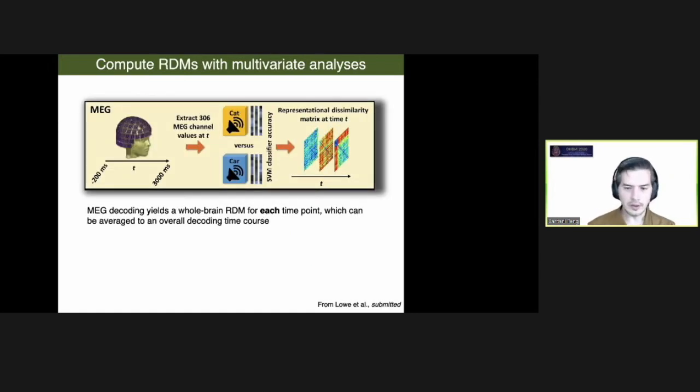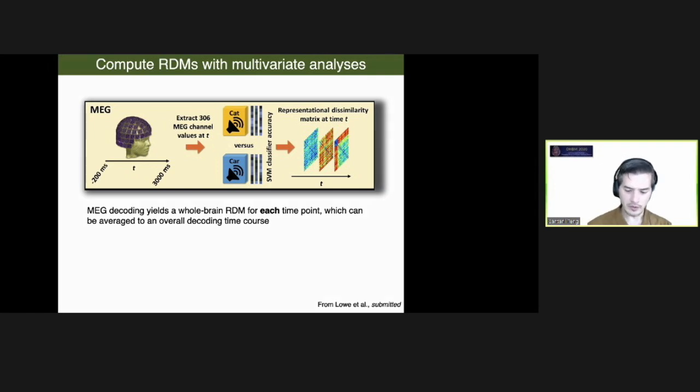So the analysis, generating these RDMs that we're so interested in: first you do the analyses independently for the separate modalities, right? And in our case, that would be separate sessions. So you do an MEG decoding analysis. In this case, you decode the multivariate patterns of the whole brain signal at every time point between every pair of stimuli.